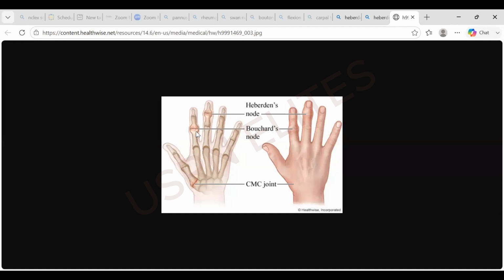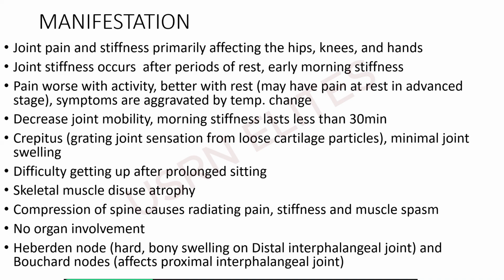And that is the medial. Do you understand, please? Yes, we do. Okay, so let's finish with this. The Heberden's nodes are at the distal interphalangeal joint, the very far joint.